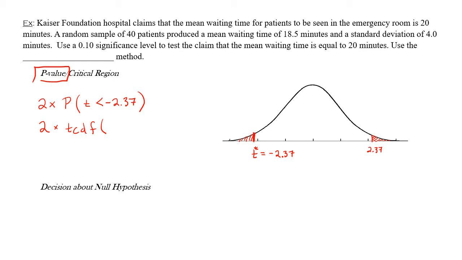For the lower bound we'll put negative infinity, negative 1e99, or some very small value. Our upper will be negative 2.37. And for df, the degrees of freedom, we put 1 subtracted from our sample size, so it'll be 39.